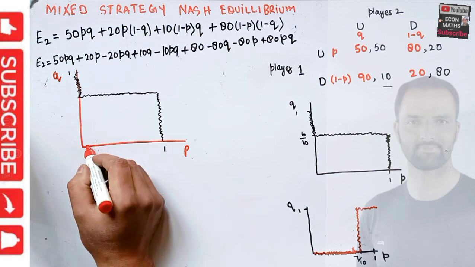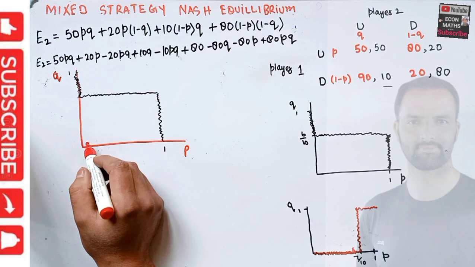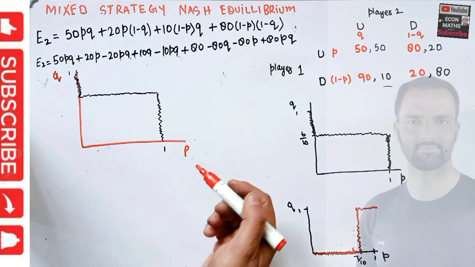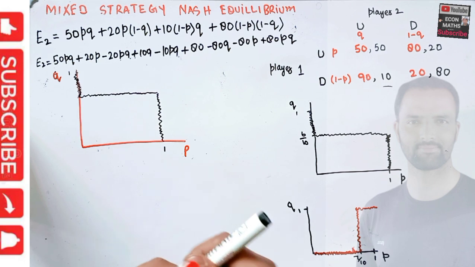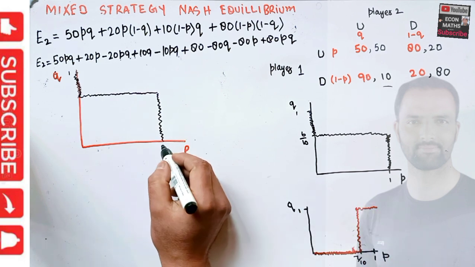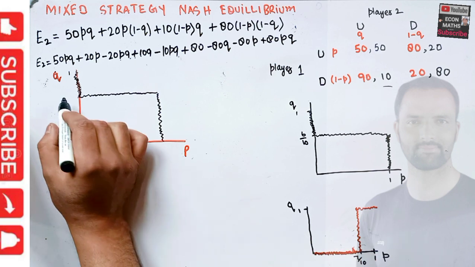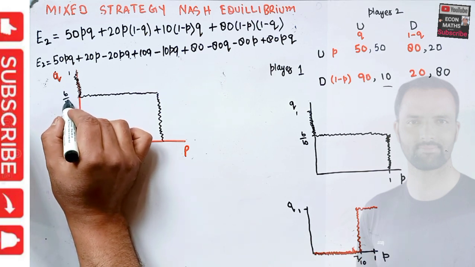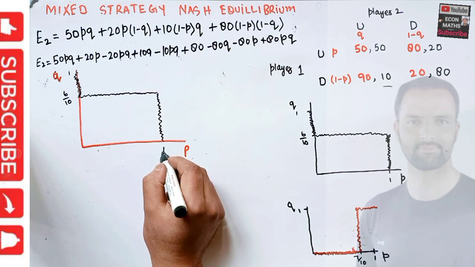Let me draw it here. Obviously it is not equal to 1 here. We have 1, and we have this 6 upon 10 here, and this is 1 here.